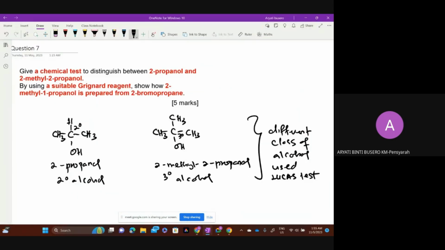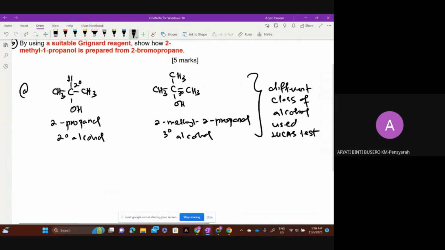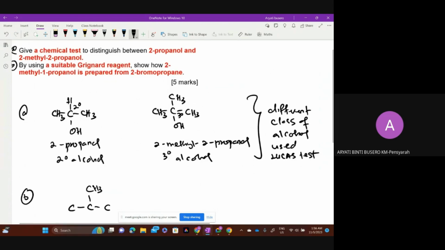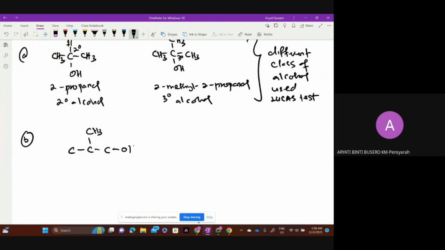So I draw first the structure that is wanted. 1, 2, 3. 2-methyl 1-propanol. So 1-propanol has OH at carbon number 1. CH3, H, CH2.